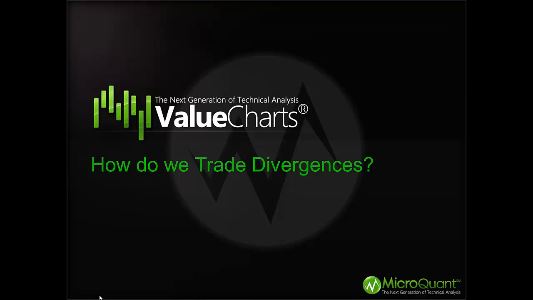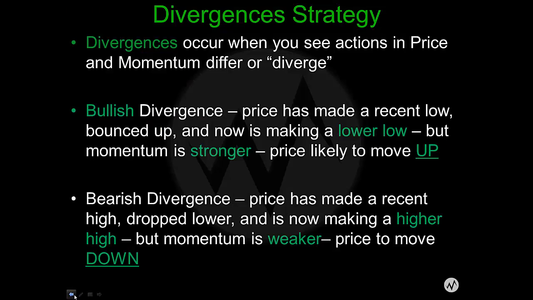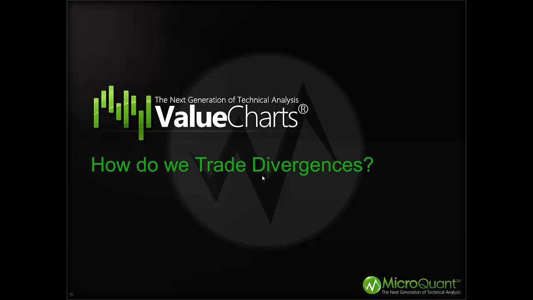Okay, so now that we understand the indicators we're going to use, how do we trade divergences? Okay, it's kind of different. When you think of divergence, you basically say you're comparing 2 items, in this case price and momentum. I'll just put MQ because that's our momentum indicator. If prices are going higher, what do you expect momentum to be doing?